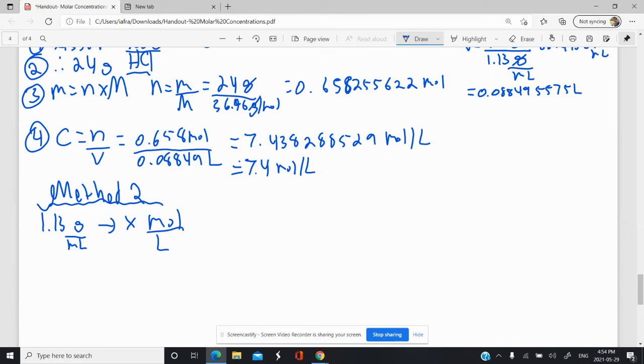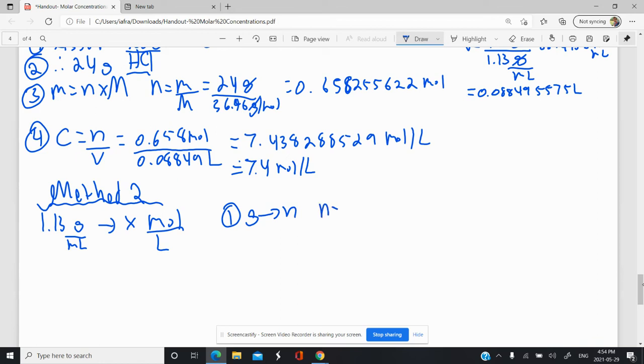So let's start converting our 1.13 grams into moles. For that part, we can do 1.13 grams divided by the molar mass. So our first part is grams to mole.